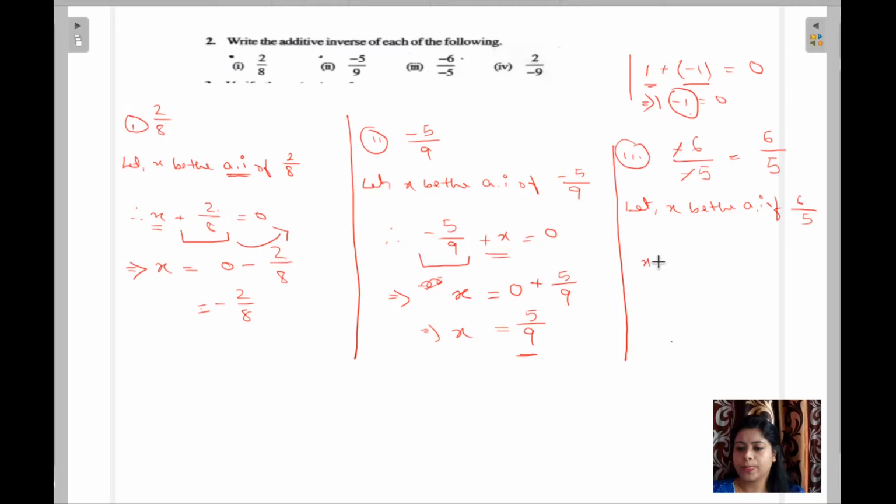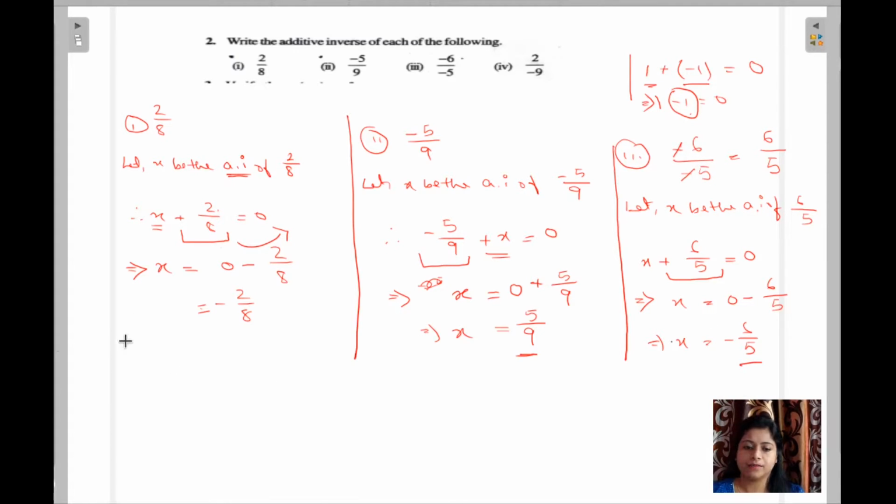So x plus 6 by 5 is equals to 0. Okay, so this implies we have to take this plus 6 by 5 to the right hand side of the equal sign. So 0 minus 6 by 5. So this implies x equal to minus 6 by 5. That means minus 6 by 5 is the additive inverse of 6 by 5, or we can say minus 6 by minus 5. Okay, so this is very easy.